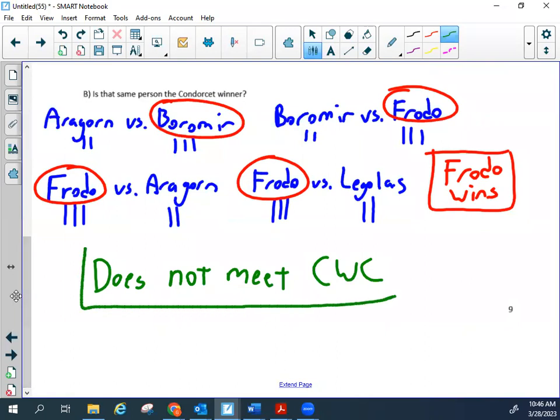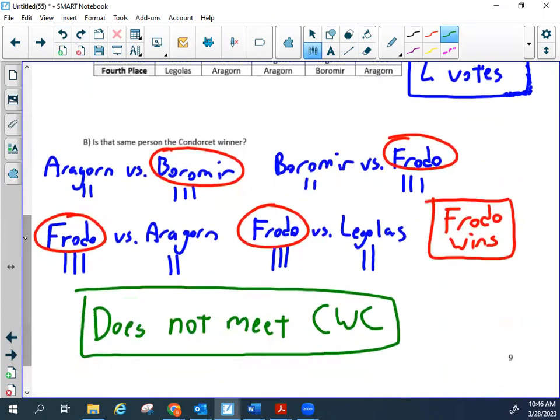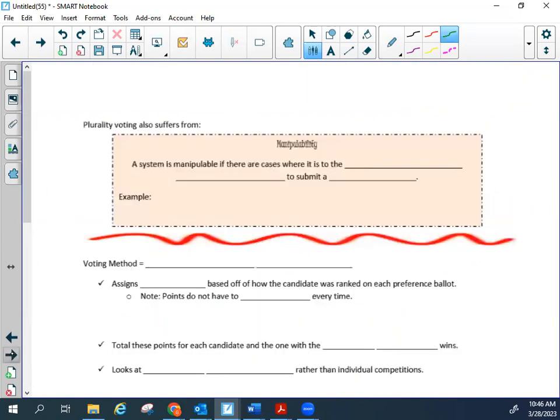It doesn't meet the CWC because by using Condorcet's method and by using a different method, we got different winners. Different winners mean does not meet the CWC. If it would have been the same winner, we would say, in this case, we met the CWC.